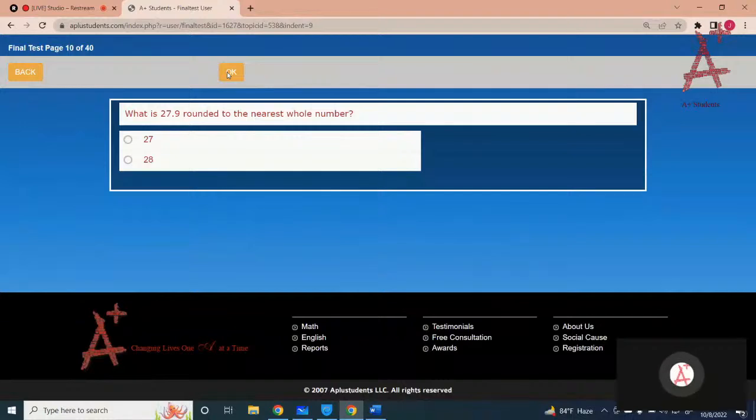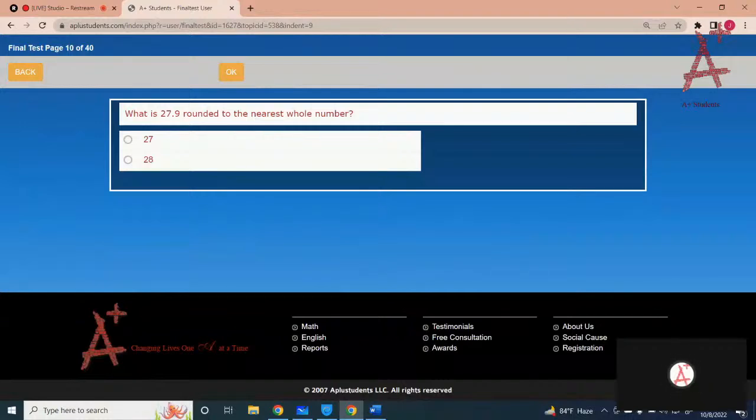Okay, the next one is, what is 27.9 rounded off to the nearest whole number? So it would be rounded off to 27 or 28. Yes, it is rounded off to 28 because the digit that is right after the decimal is 9, and 9 is greater than 5.